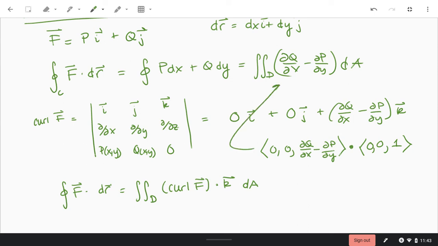Remember that k is just a unit vector in the z direction, so it is just 0, 0, 1. We can't just plop the curl of F in there because curl is a vector. But if we dot product with k, then we have a scalar, and then we can integrate that.